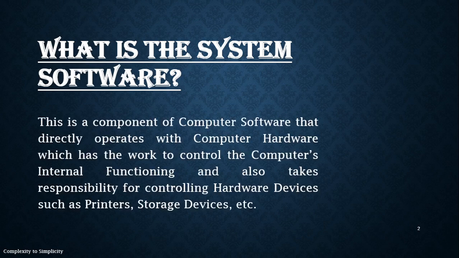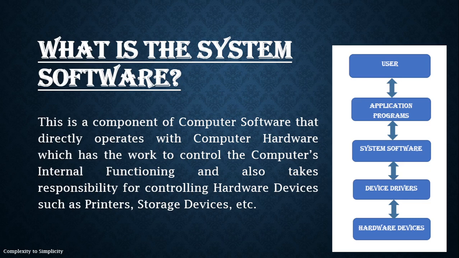This is a component of computer software that directly operates with computer hardware. It controls the computer's internal functioning and also takes responsibility for controlling hardware devices such as printers, storage devices, etc. Here, friends, you can see there is a hierarchy: at the top is the user, and at the bottom we have hardware devices.